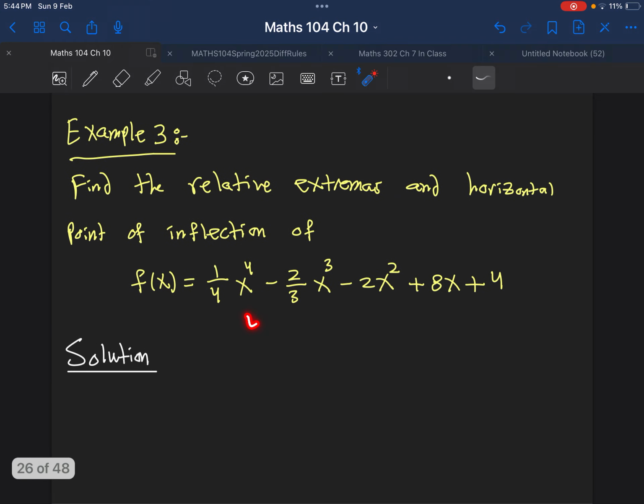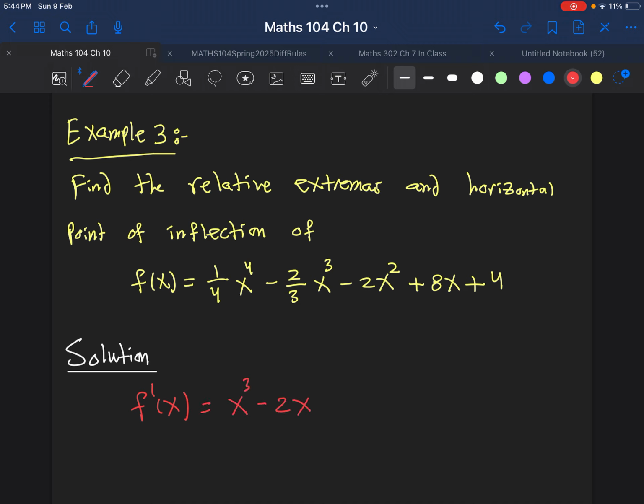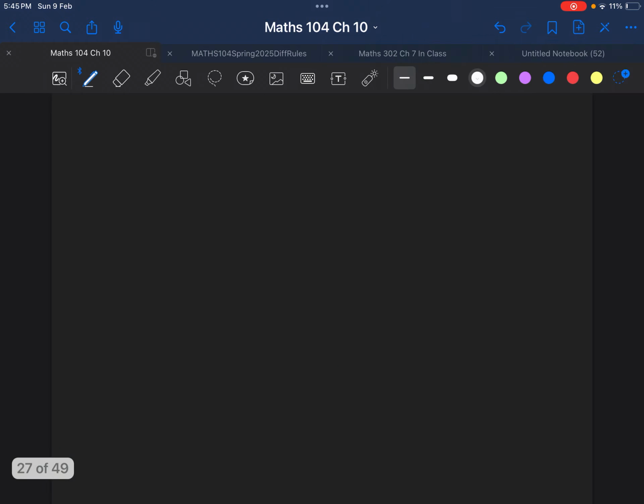Now, let's do it in this example and see if we find a horizontal point of inflection. So find relative extremas and the horizontal point of inflection. Again, we need to find the derivative and make the derivative equal to 0. So we take x cubed, this is equal to 0.